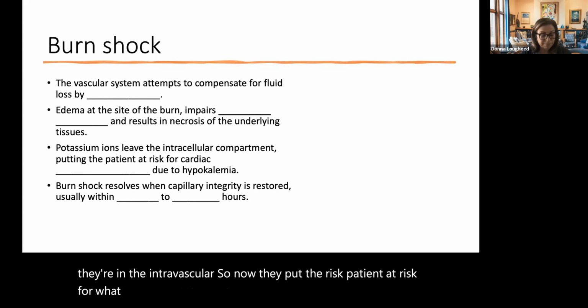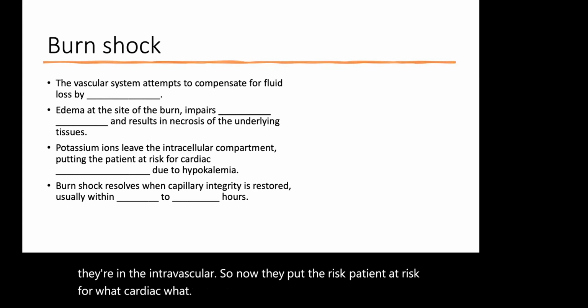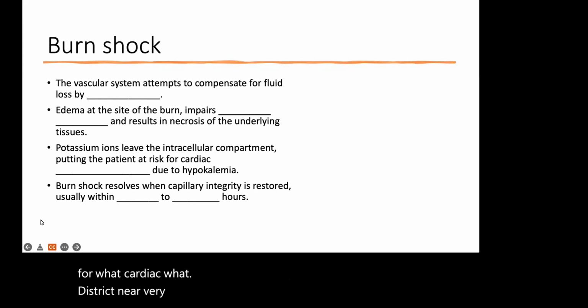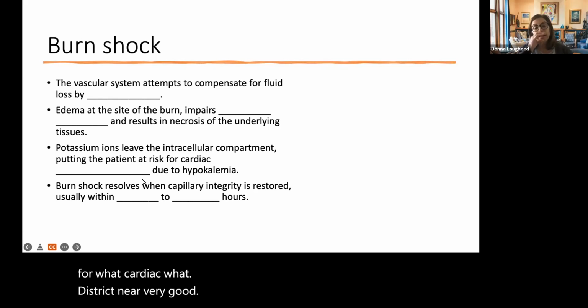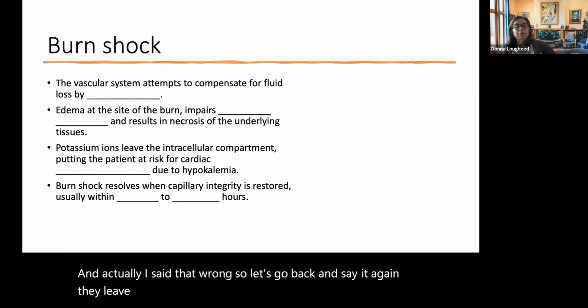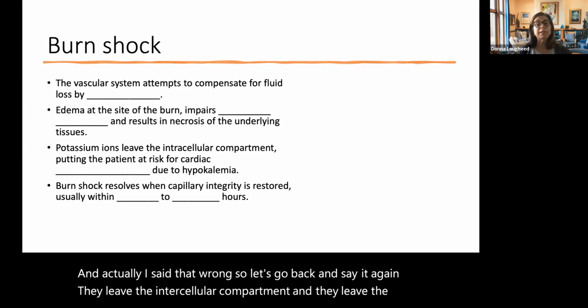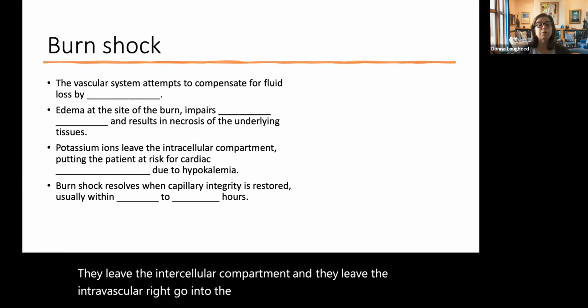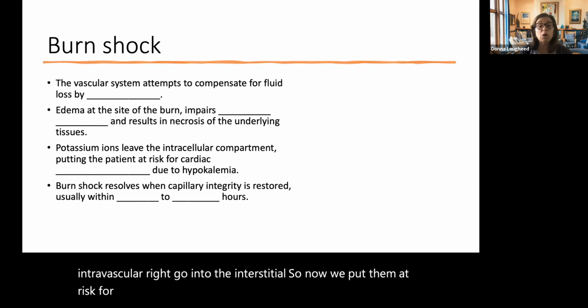Cardiac what? Oh, and actually I said that wrong. Let's go back and say it again. They leave the intracellular compartment and go into the interstitial. So now we put them at risk for hypokalemia because there are no longer potassium ions in the serum.